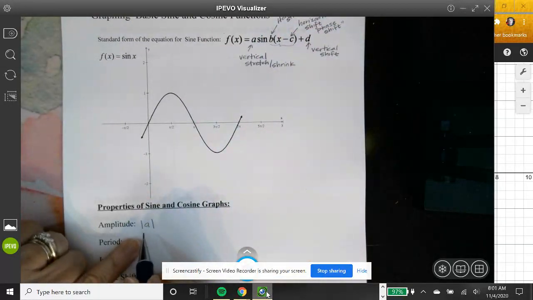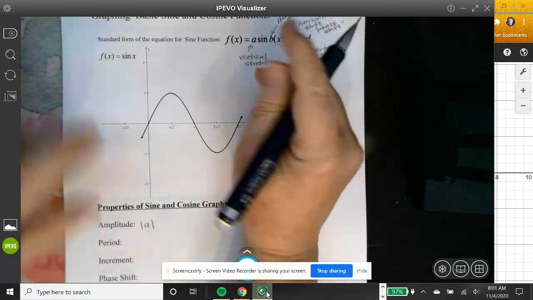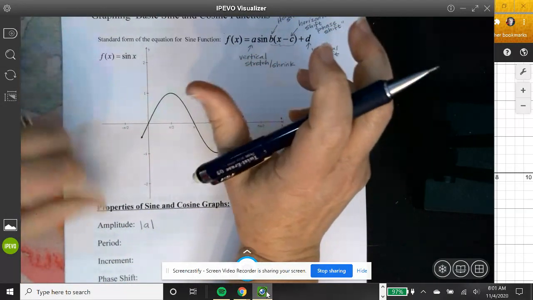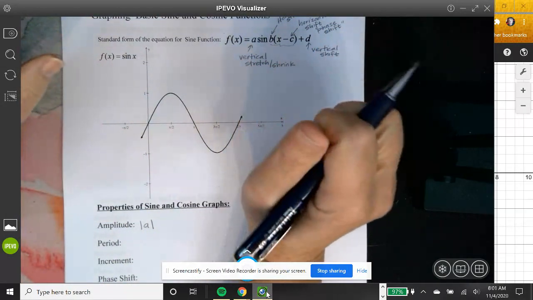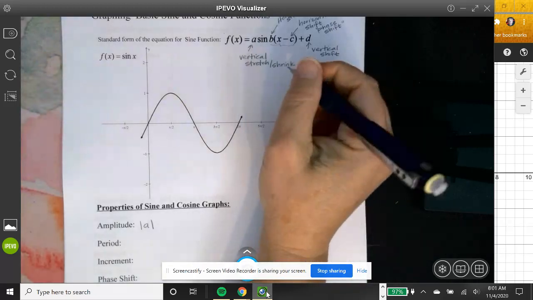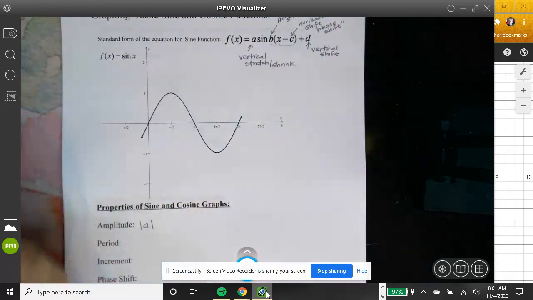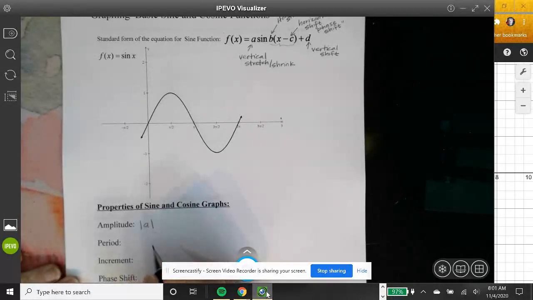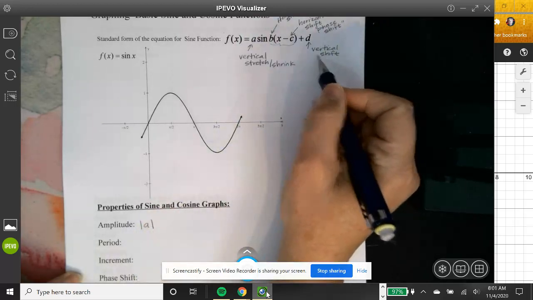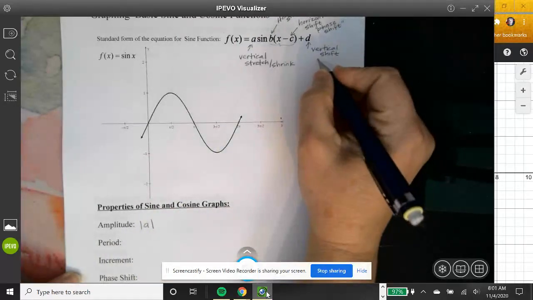We use absolute value because it's actually the distance between the midline of this curve and the max or the min. The vertical shift d is what we call the midline.